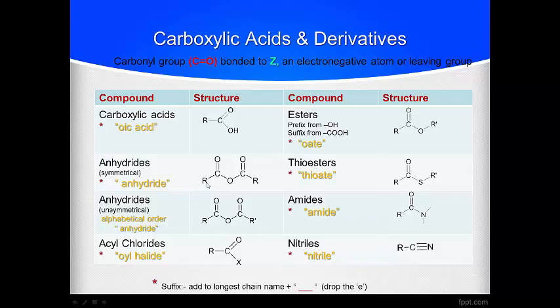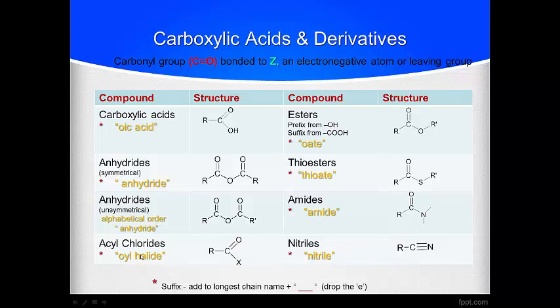So you can see here the two R groups are the same, and here with our unsymmetrical one we've got R and R prime, so we've got two different R groups. We've got acid chlorides. So we've got a carbonyl with a halogen, so a chlorine group, and that's an acyl halide.